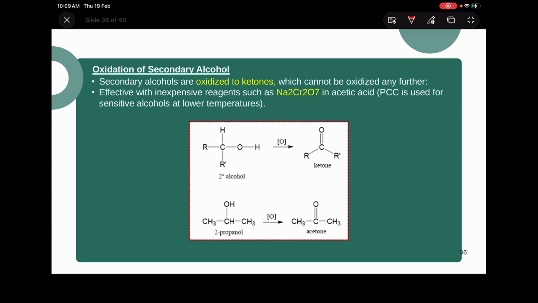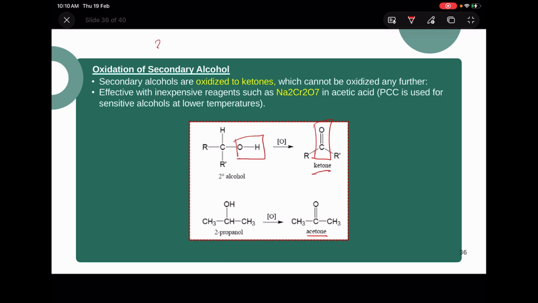For the secondary alcohol, either you use potassium permanganate or PCC, the final product will always give a ketone structure. So which means the hydroxyl group will change into C double bond O. So this is the indication of the functional group for the ketone.